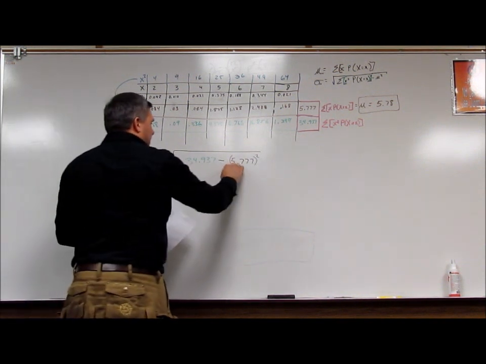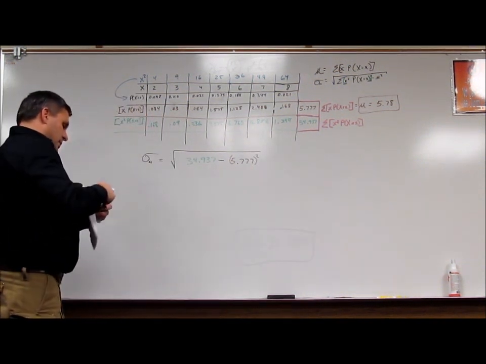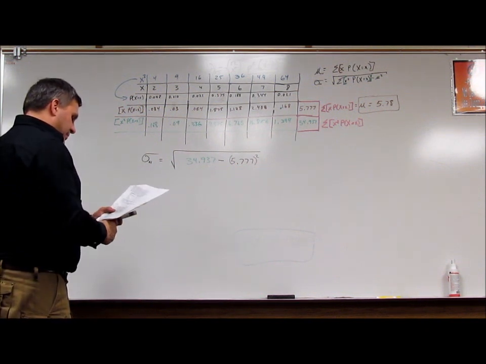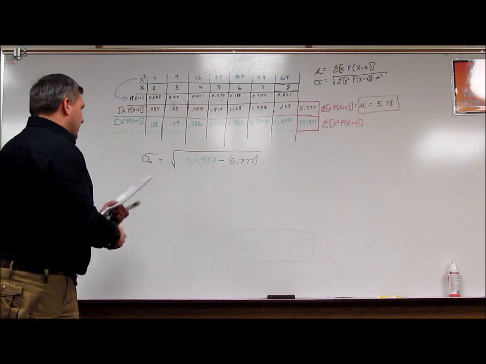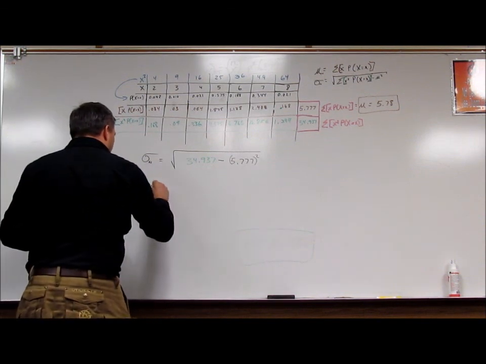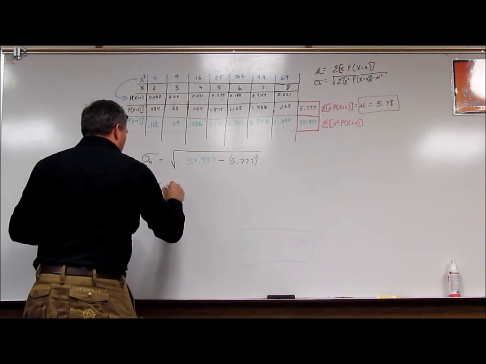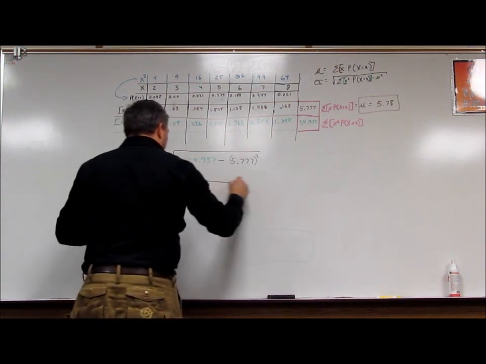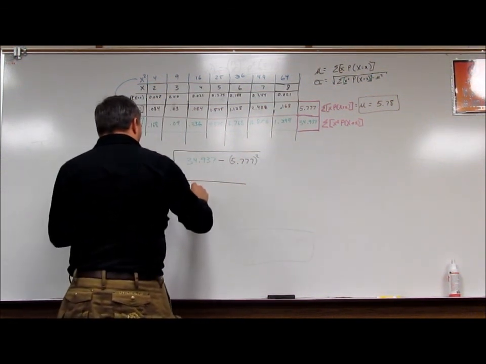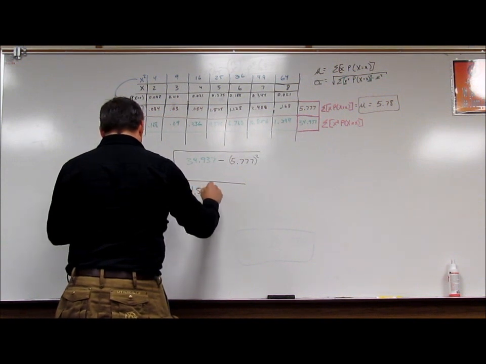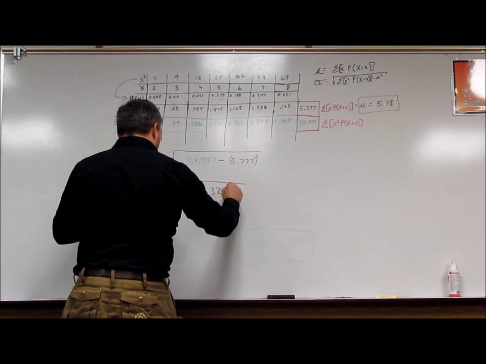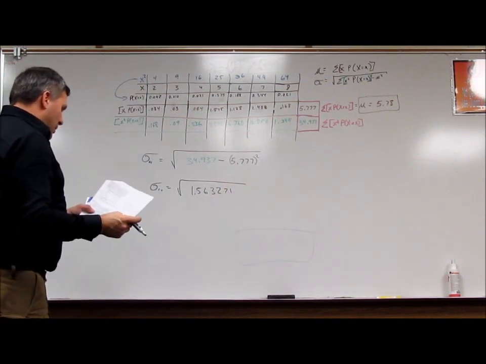So this minus this squared is, I don't have the squared value with me, but I do have that these two subtracted give me 1.563271.